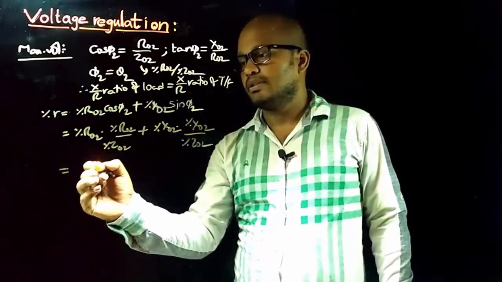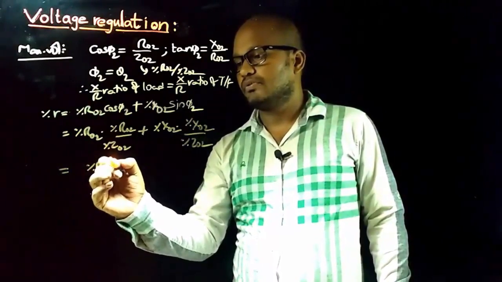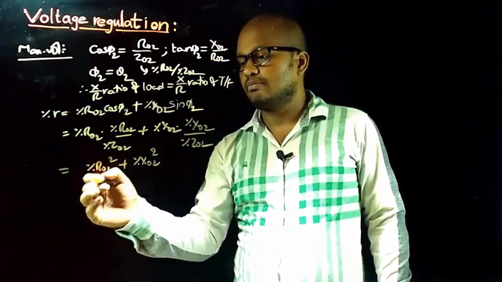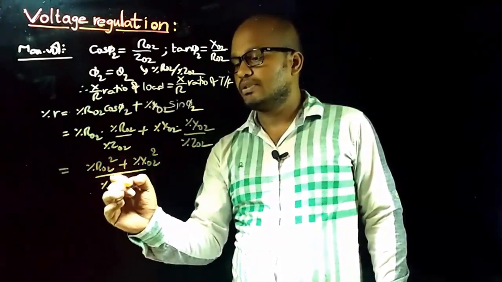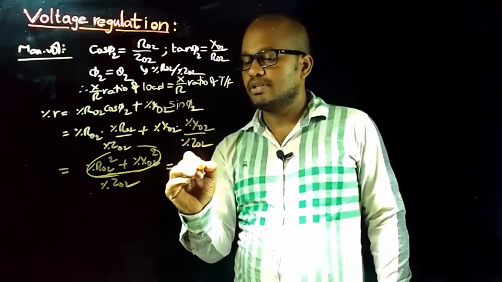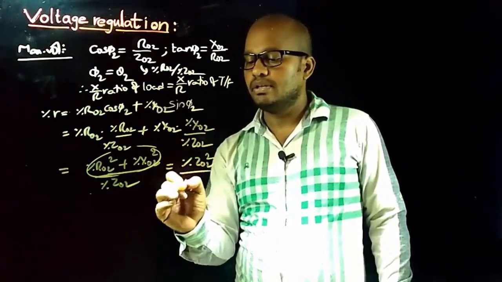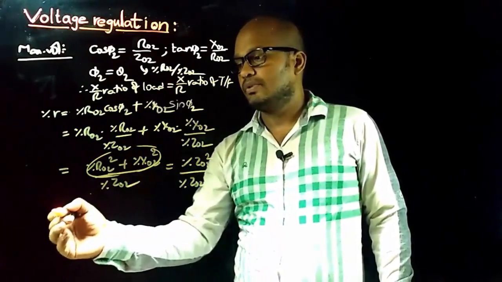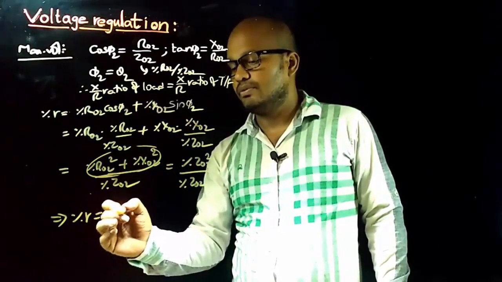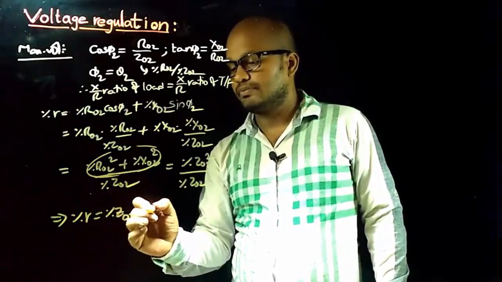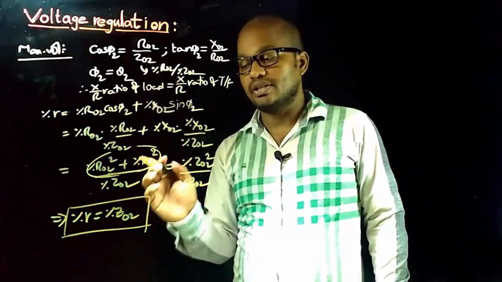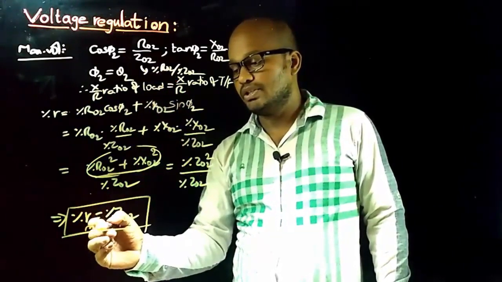That implies percentage R02 square plus percentage X02 square by percentage Z02, and this represents percentage Z02 square by percentage Z02. That implies percentage voltage regulation is equal to percentage Z02. This is one more thing that we obtained from the maximum voltage regulation: maximum voltage regulation is equal to percentage impedance.